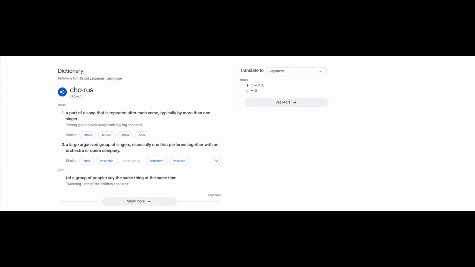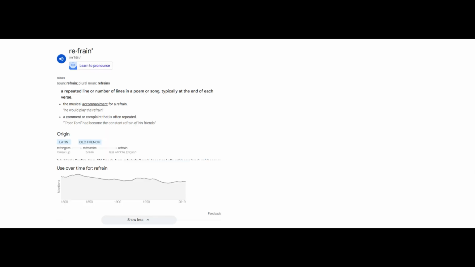Now, one thing I do want to make clear is there is a difference between a chorus and a refrain. Now, the difference is a refrain is a repeated line in a poem or a song that is usually at the end of each verse, whereas a chorus is just a separate segment entirely.